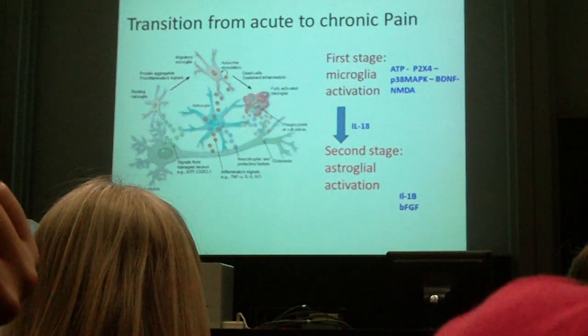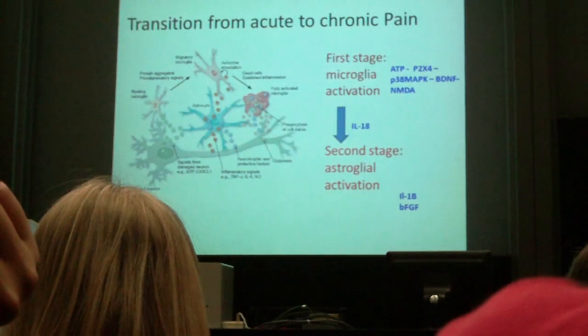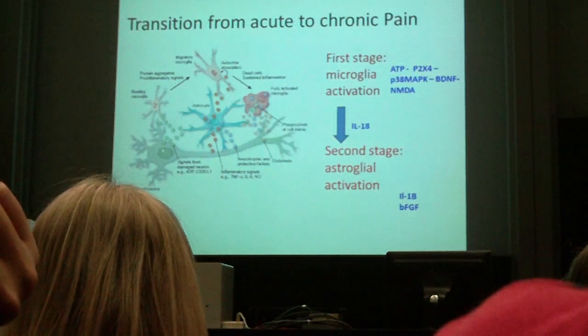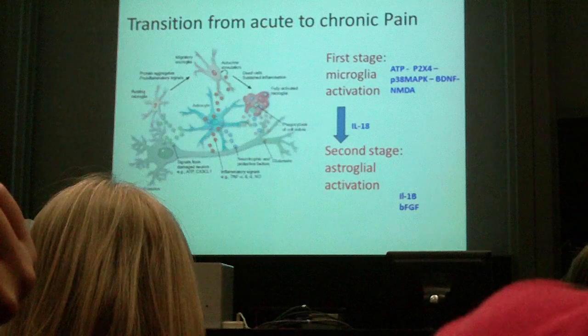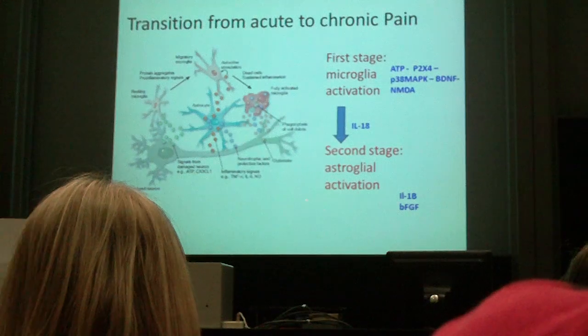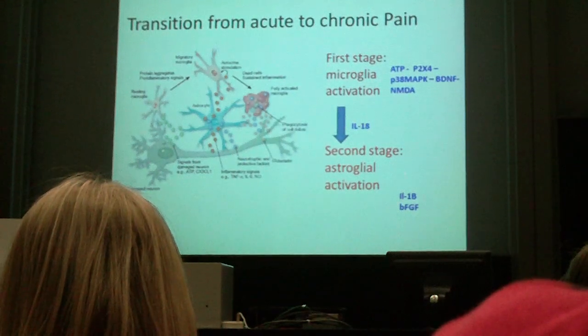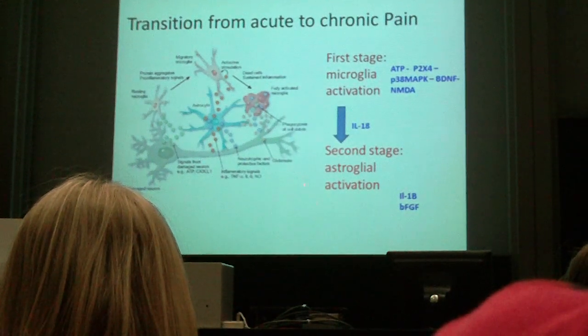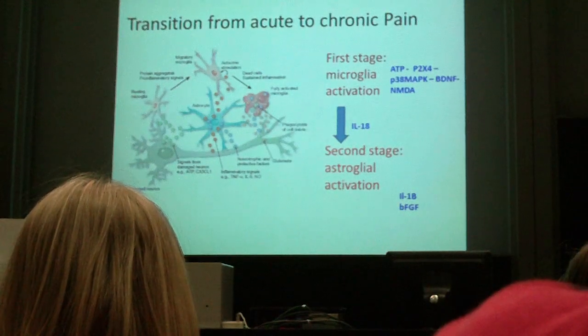If you summarize the immune response in the central nervous system, you can discern two steps. A first stage at the onset, microglia, and a second stage, important for maintenance and chronification of pain, the astroglial activation.